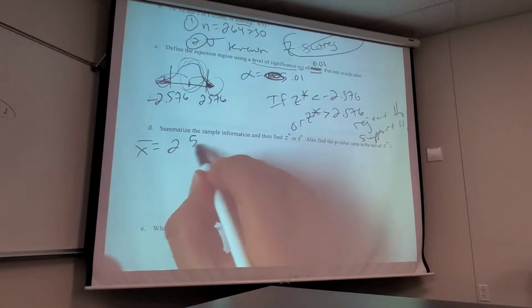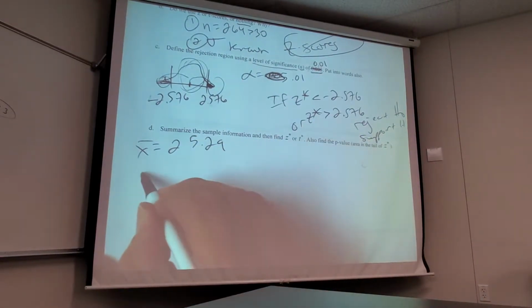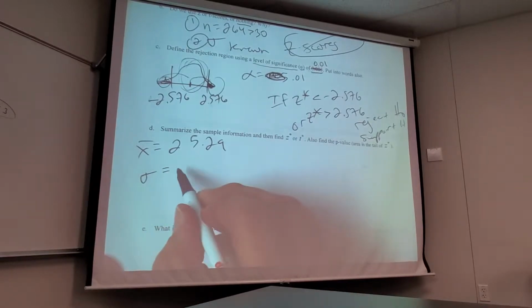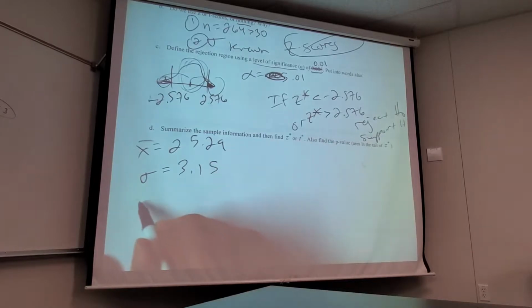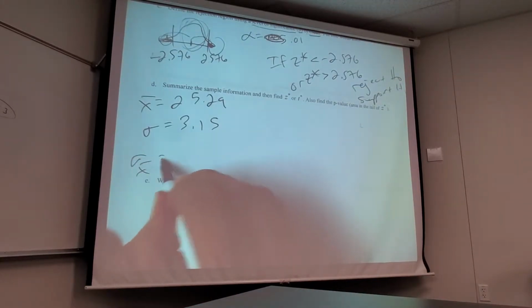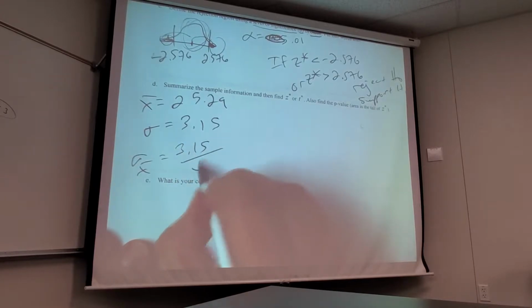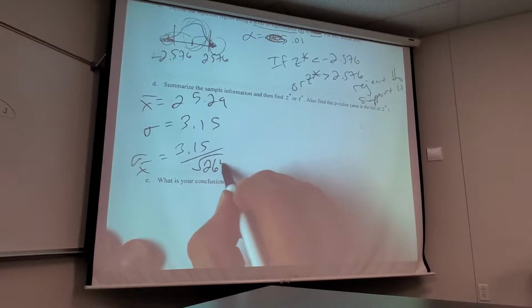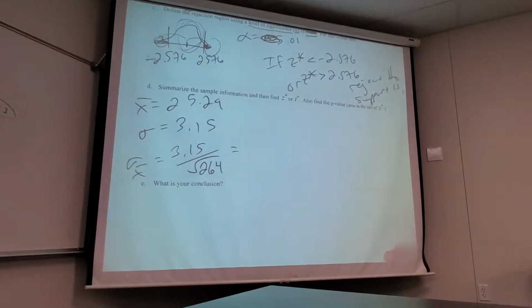The sample I took, I got 25.29. Okay. What was the standard deviation that I know? So then what do I have to do with that? Good, I'm going to change it. Divided by square root of, which is? There you go. This is the step that is definitely oldest.